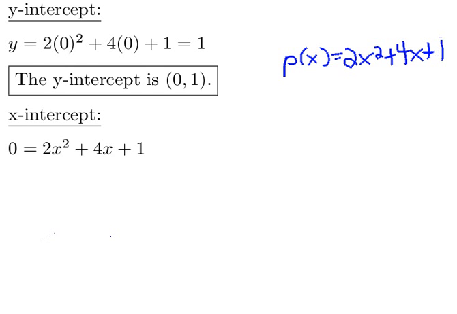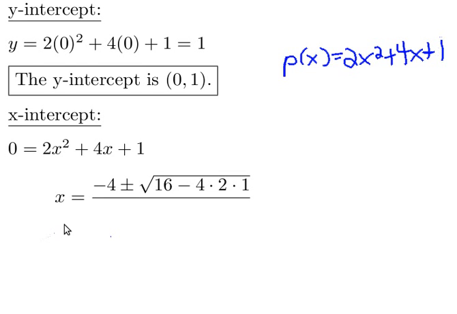So x equals negative b, which is going to be -4, plus or minus square root of b squared, which is going to be 16, minus 4 times a, which is 2, times c, which is 1.